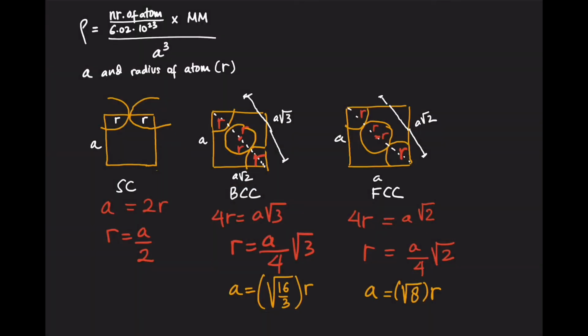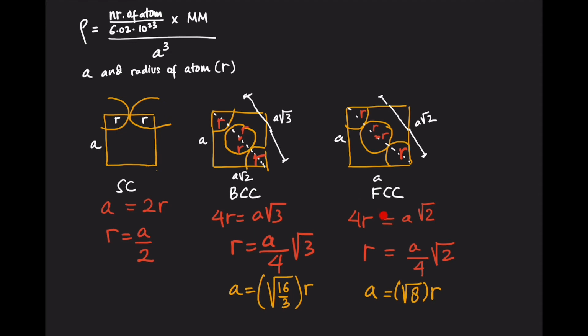From here, we can substitute the A cubed with R. For the case of SC, A can be replaced with 2R, so 2R to the power of three. For the case of BCC or body-centered cubic, A can be expressed as square root of 16 over 3 multiplied by R. So we can substitute this into this.